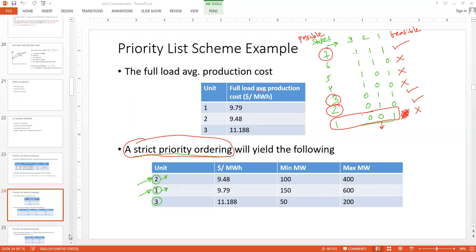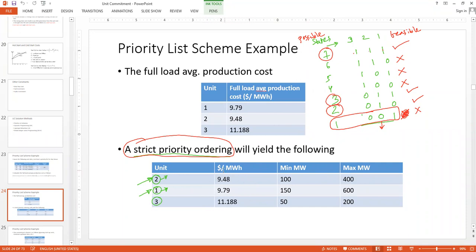So if that is the case, what is the benefit? The benefit is, of course, we don't have to check all of the possible states. And in the strict priority ordering, we are implicitly taking care of the cost optimality.